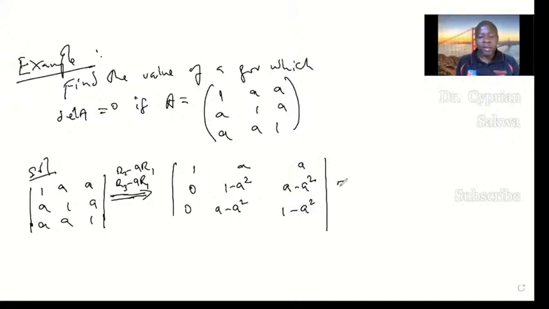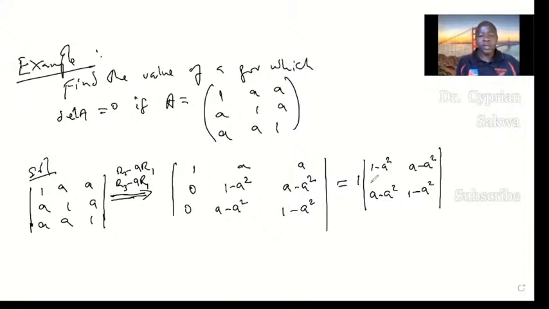Now I can find the determinant of this matrix. Along this column, it will be this one times the matrix that is left when you delete the row of 1 and the column of 1. When you delete them, what you have is 1 minus r squared, r minus r squared, r minus r squared, and 1 minus r squared.